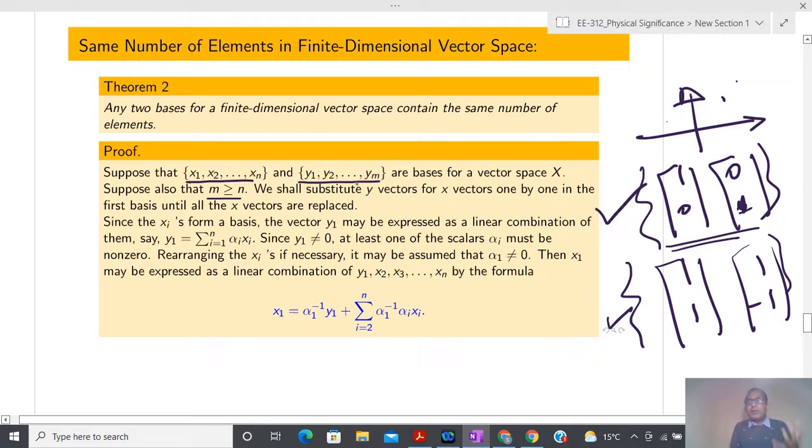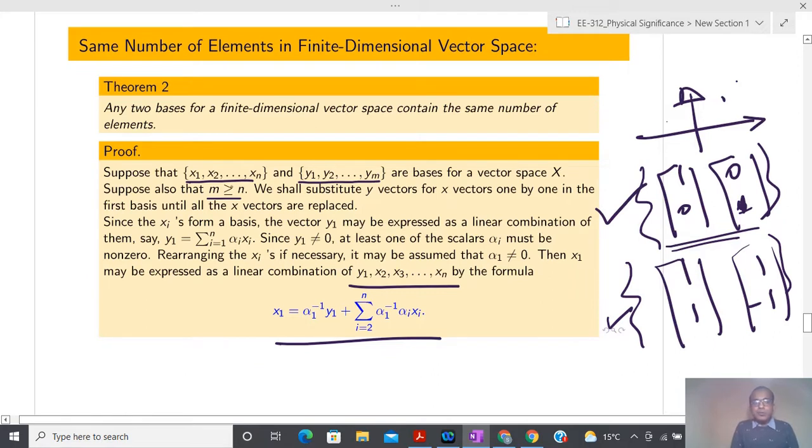Whenever we are talking about a basis, I am saying that using a minimum number of vectors I am able to span the space. Due to that reason, I am going to represent y1 in terms of x1 to xn, and after that I can replace this x1 by y1. The same kind of thing I can say, and using this it is possible to show the result.